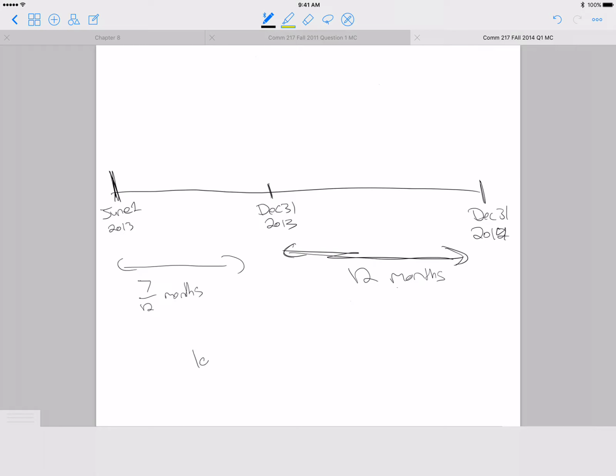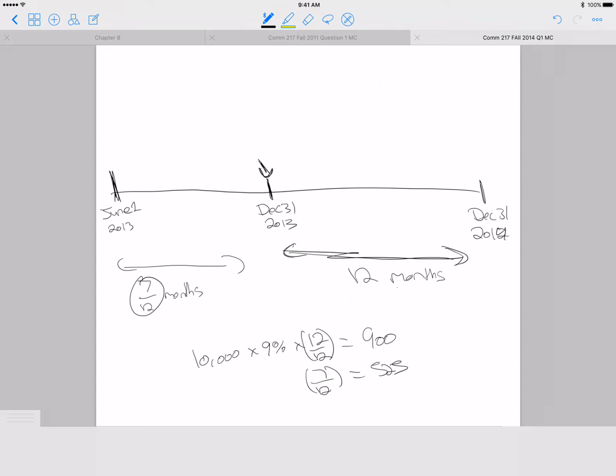So if you take the 10,000 times the 9% times the full year, which is 12 over 12 months, you get $900. However, if they wanted to ask what the interest expense would be at December 31st, 2013, over here, you would use the 7 over 12 months instead of the 12 over 12, and you would get $525.